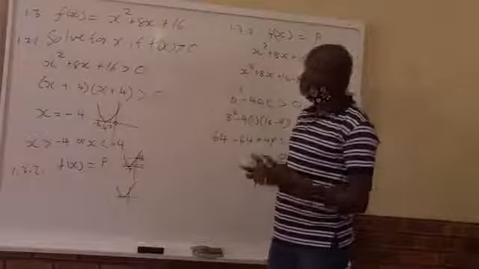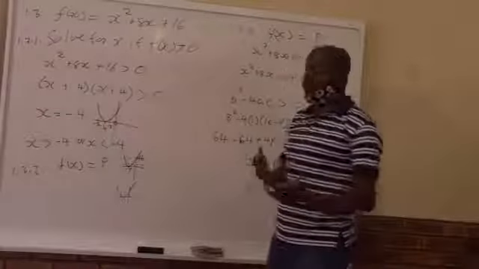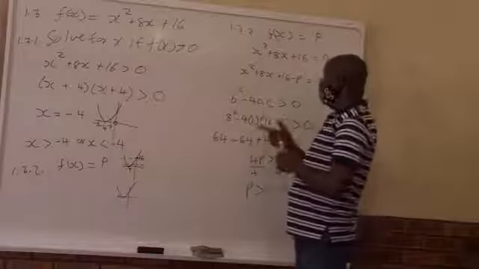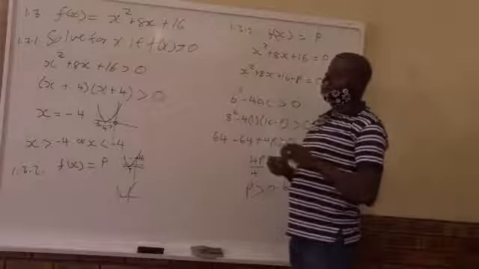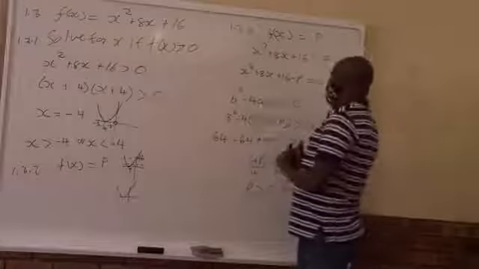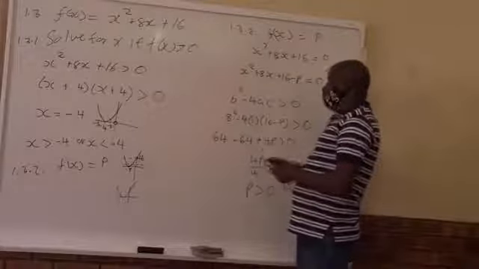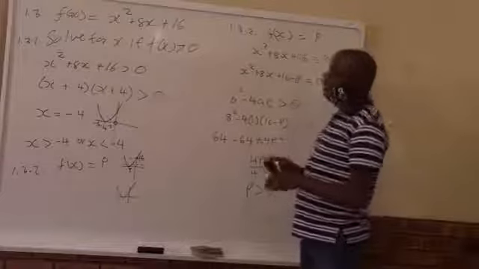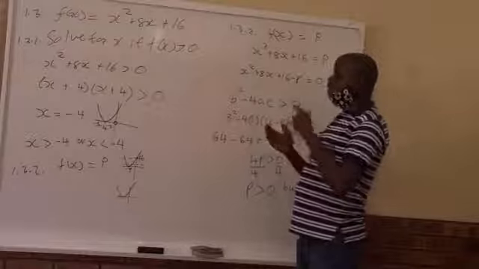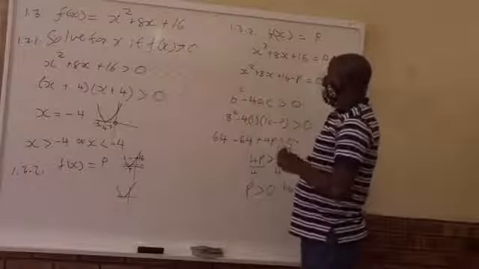Square numbers, we talk about 1, 4, 9, and so on. If the discriminant is a square number, the roots are not equal but they are rational. But if the value of the discriminant is a non-square number, but positive, then the roots are not equal and they are irrational.